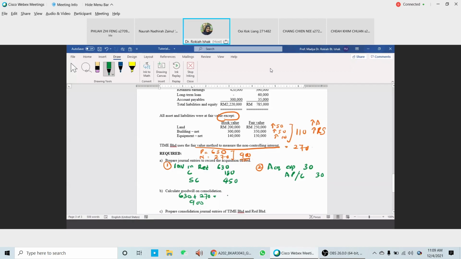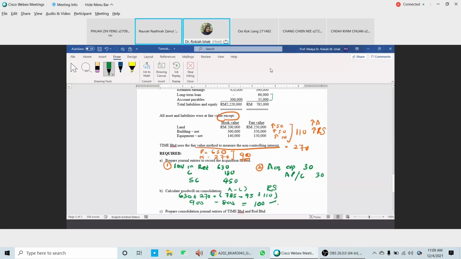It's your net assets, the difference between your assets minus your liabilities. The assets here are 785 minus liabilities, which is 95 (60 plus 35), plus 110 which comes from your revaluation surplus. So minus 800, your goodwill here will be 100.